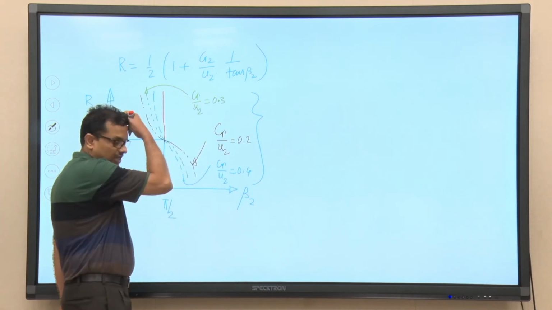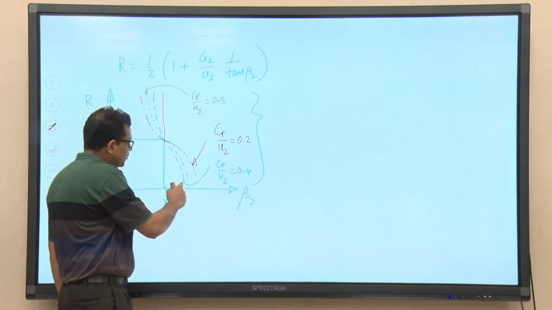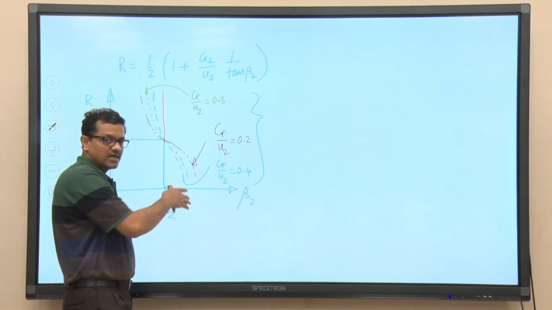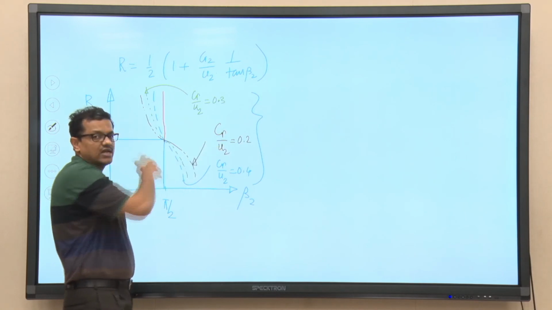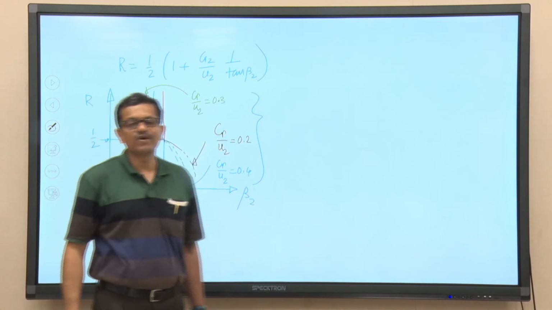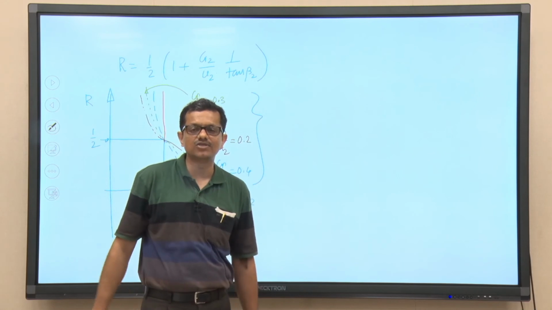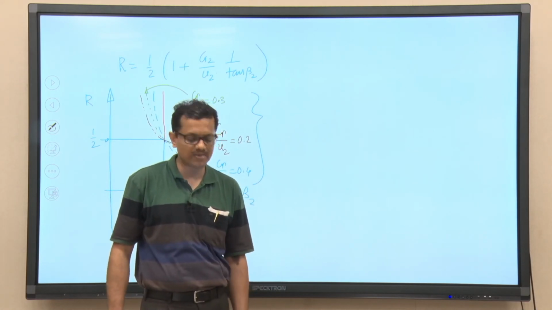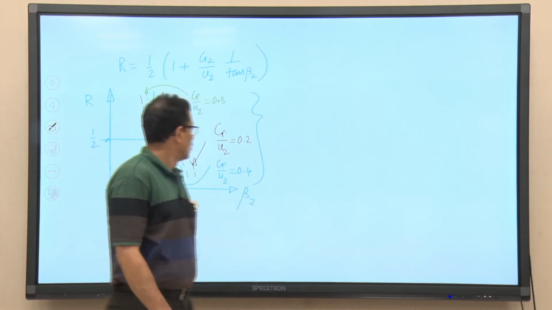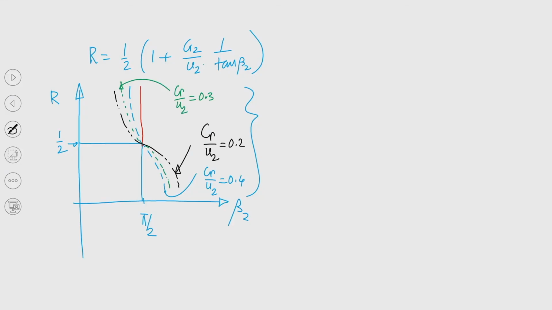So, you can design beta 2 in such a way that for a particular CR2 by U2 we will be able to tell what will be the value of R, and from there we will be able to tell the relative values of these two pressure components, that is the static pressure and dynamic pressure.